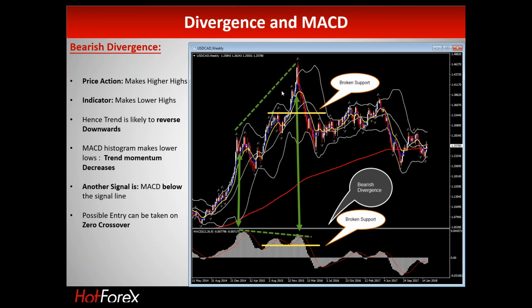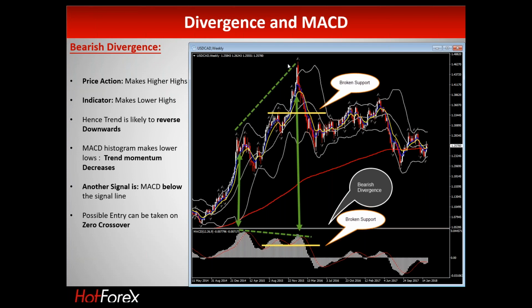So he entered short because of a bearish divergence. However, the price continued upwards and he lost all his money. How do you avoid such scenarios?